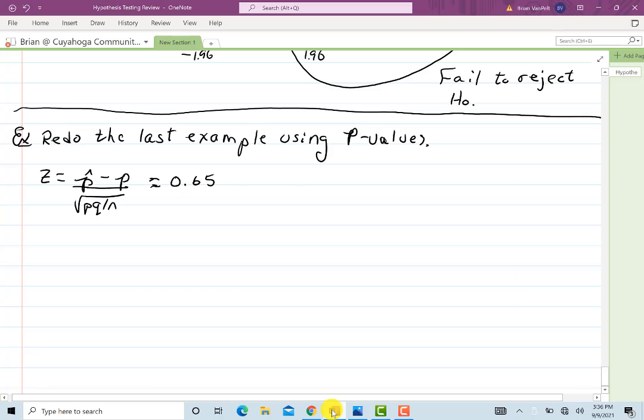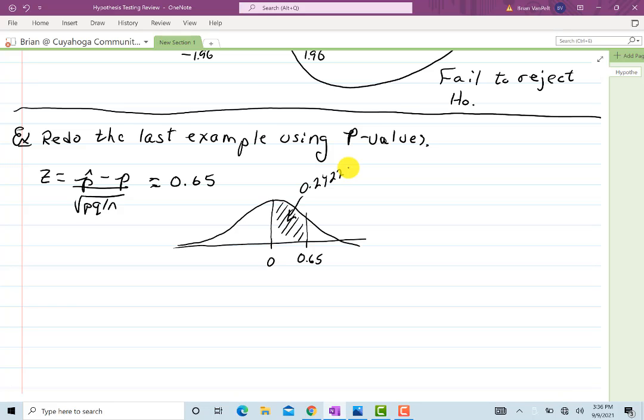Now remember though, what it gave me was the following. That amount is 0.2422. Now, last time when I did a p-value that involved two tails, I think I misspoke, so let me see if I can fix that up.